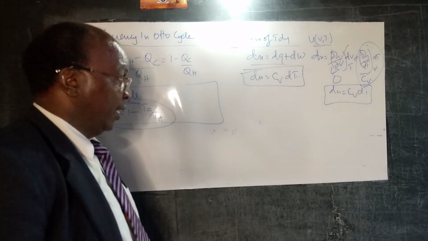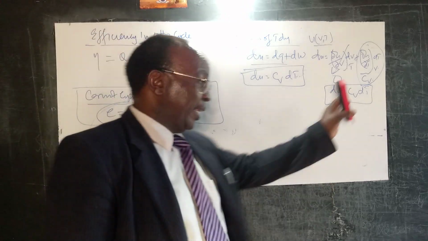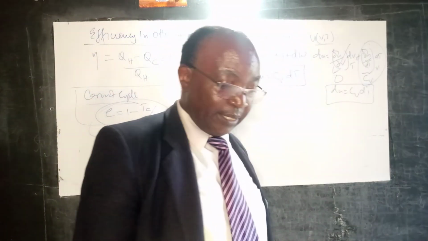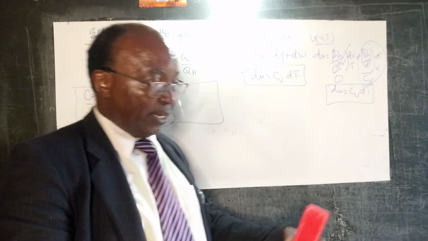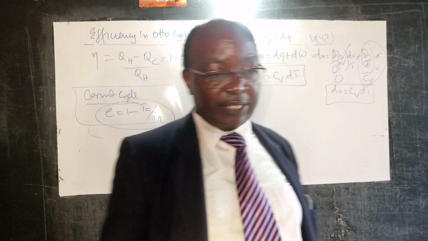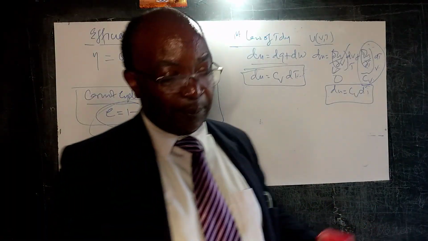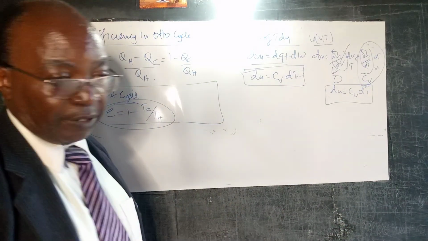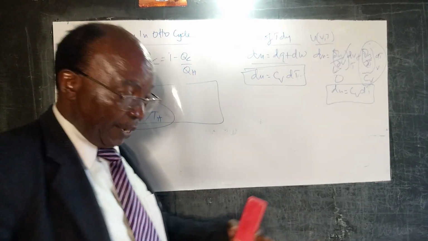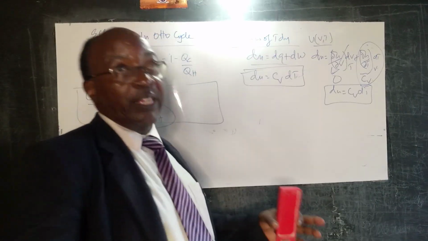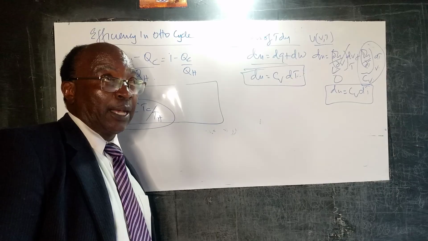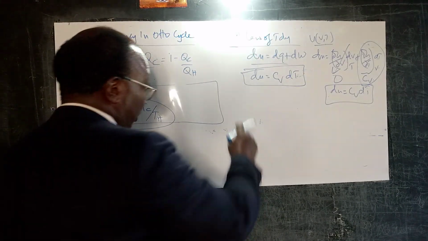Of course, we are assuming that the heat capacity is constant. If you look at our earlier lectures where we talked about Kirchhoff's equation, if you are working in a temperature range where heat capacity depends on temperature, then you have to use the expression for heat capacity which shows that dependence.